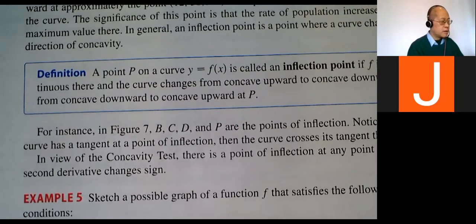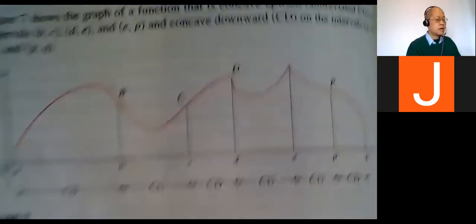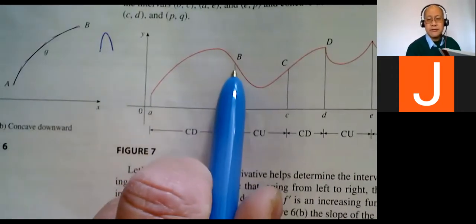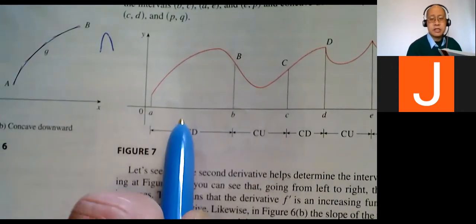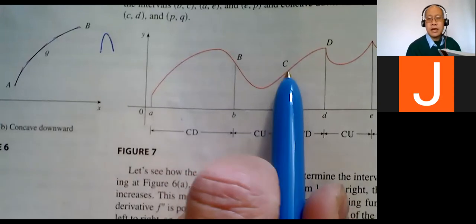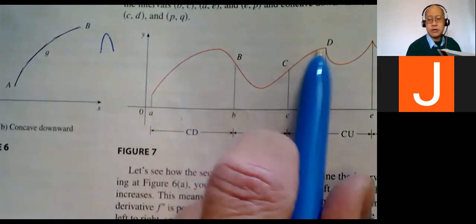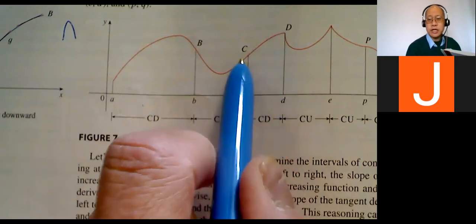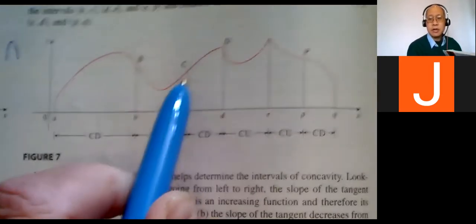Inflection point. Example. Inflection point changes from CD to CU. Inflection point changes from CU to CD. Inflection point changes from CD to CU.